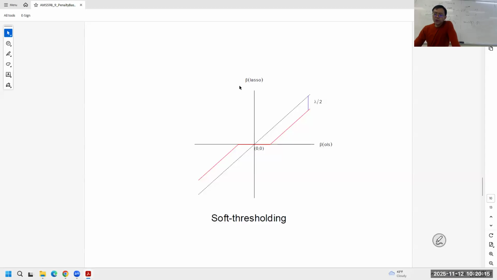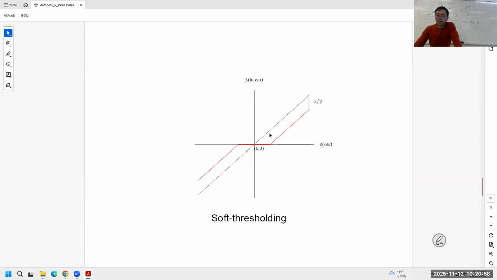The lasso also solves a thresholding problem. This is basically saying that if you plot your ordinary least squares beta versus the lasso beta for a given regression, using a given lambda, then when the lambda is small, when the penalty is small, you basically just have a shrinkage.